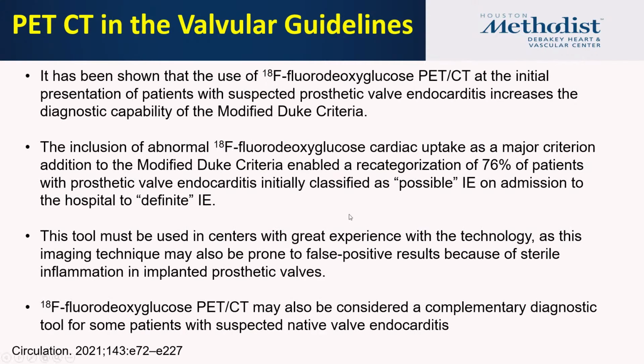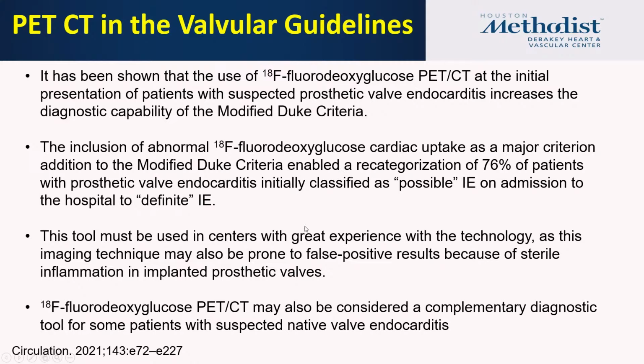But this is a copy-paste from the recent document from Circulation, from the guidelines, where it says that the inclusion of abnormal FDG in the algorithm improves the Duke criteria and results in recategorization of about 76%.